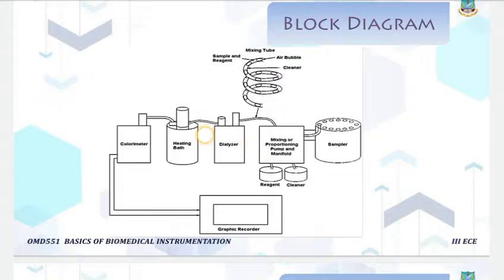Then it passes on to the heating bath. It is used to heat the fluid continuously to the exact temperature of 37 degrees Celsius. Here the fluid is mixed with the reagent and then passed through the dialyzer, where only particular samples pass through the semi-permeable membrane, then on to the heating bath.